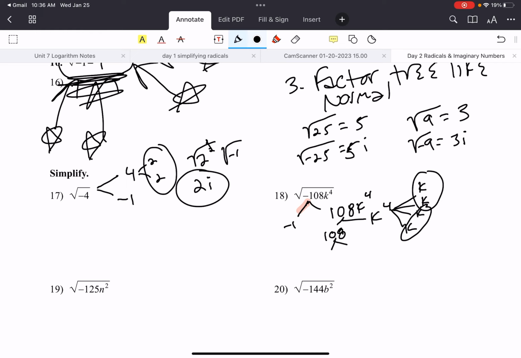What's a number that goes into 108? 9 and 12. I'm going to write out the radical step, but again, as you guys are getting better at these, this radical step is the one I'd love if you could skip eventually, okay?